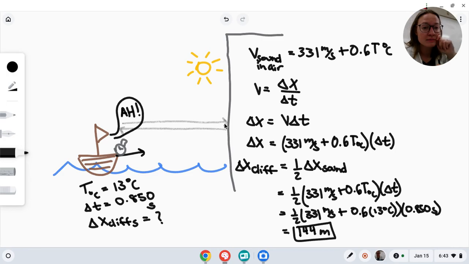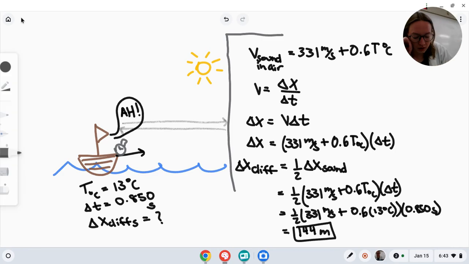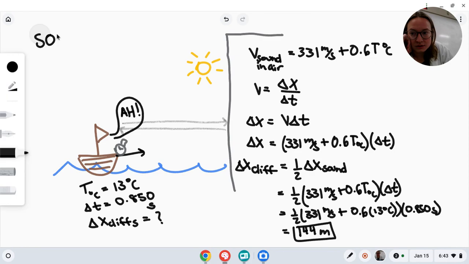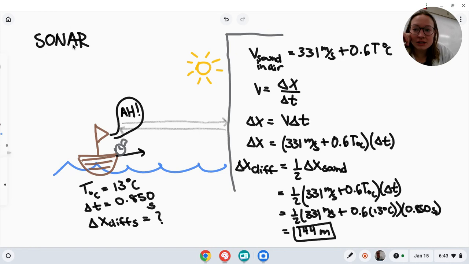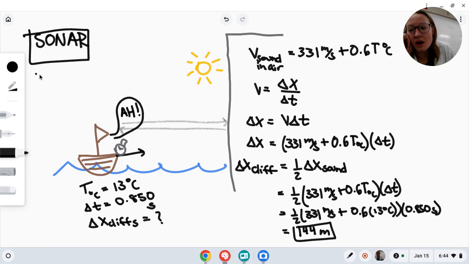Now, we use what we call sonar to do this, which stands for sound, navigation, and ranging. We're navigating and ranging, figuring out how far away things are using sound. So we use sonar to do this, but bats also use sonar. They just don't call it sonar. They call it echolocation.